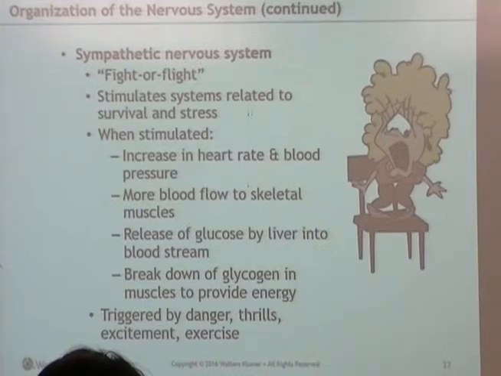Right? Acute stress to a point, exercise, is considered a positive stressor. Right?